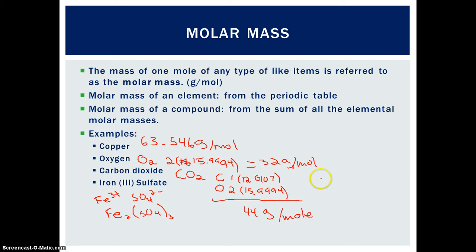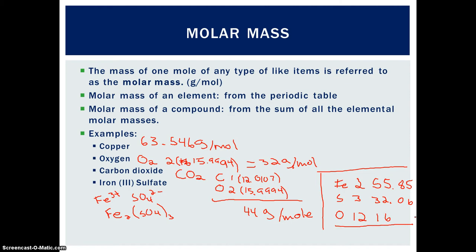Alright, now I have to add all of these up. I have iron, sulfur, and oxygen. I have to add them all up separately because I find them separately on the periodic table with their masses. I have 2 irons. Careful here with the parentheses, I have 3 sulfurs, and I have 12 oxygens. So iron's molar mass is found on the periodic table, 55.85, sulfur's 32.06, and oxygen I'm just going to call 16.